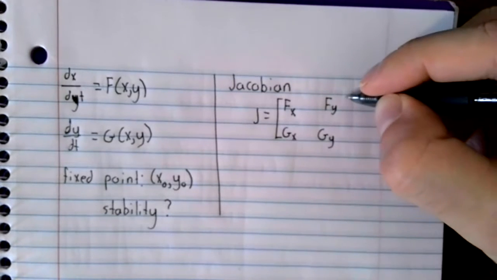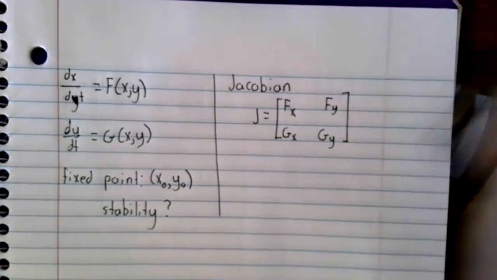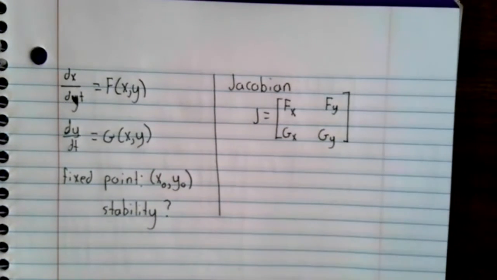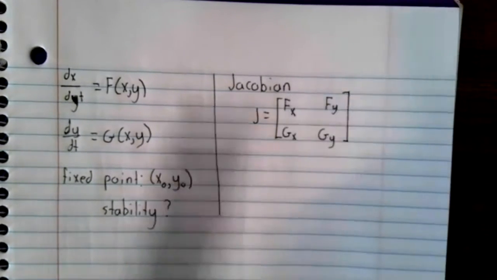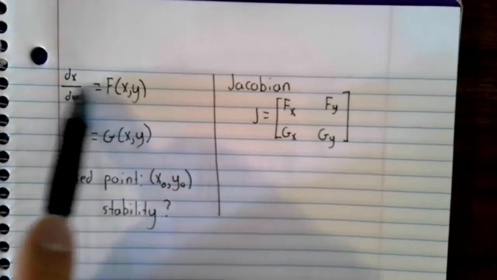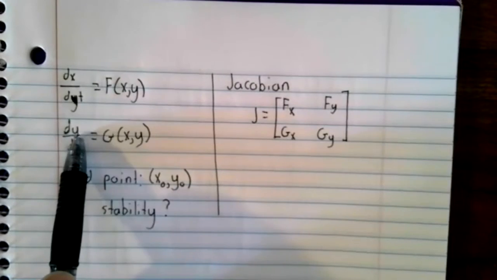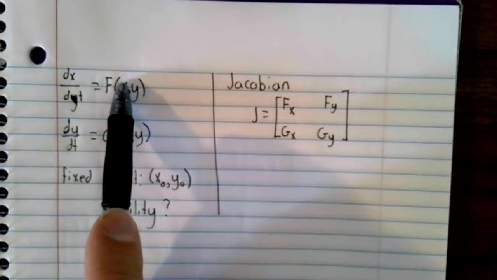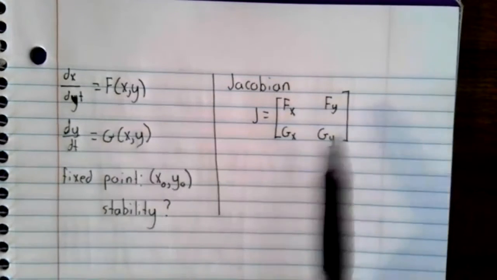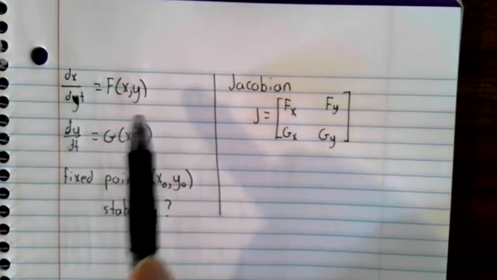You see the Jacobian if you've taken Calculus 3. So each row represents a function, and each column represents a variable.